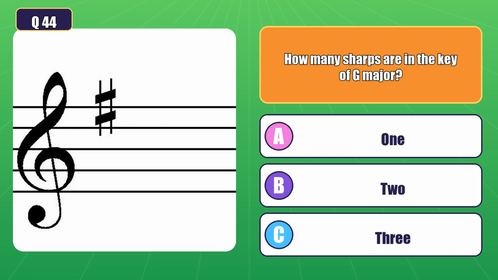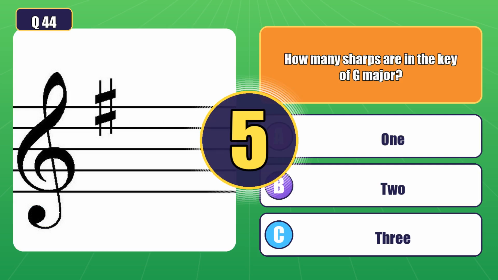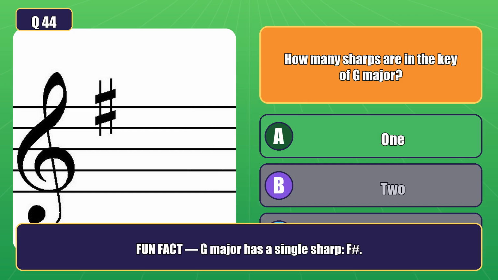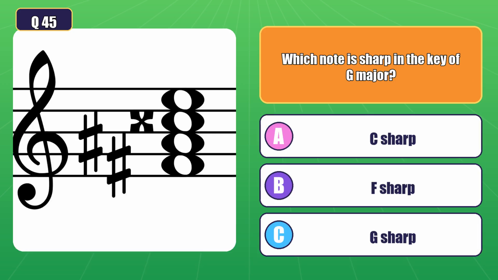Question number 44. How many sharps are in the key of G major? The answer is 1. Fun fact, G major has a single sharp, F sharp. Question number 45. Which note is sharp in the key of G major?